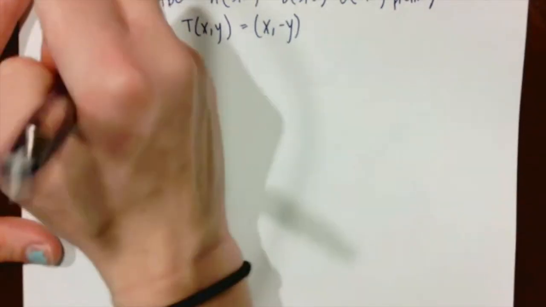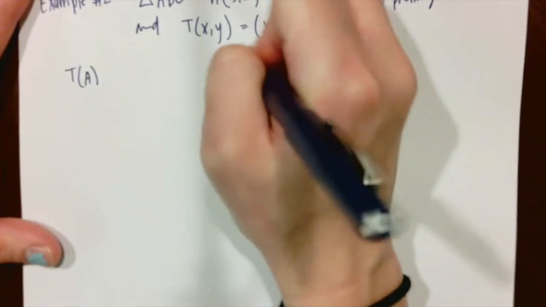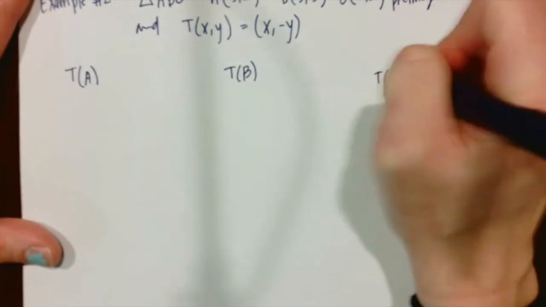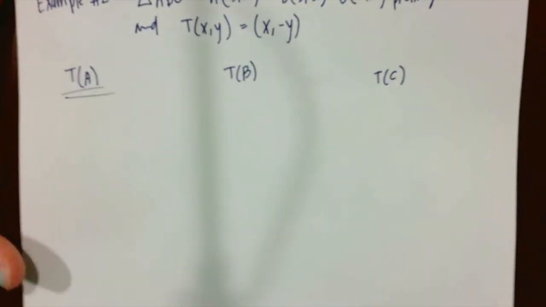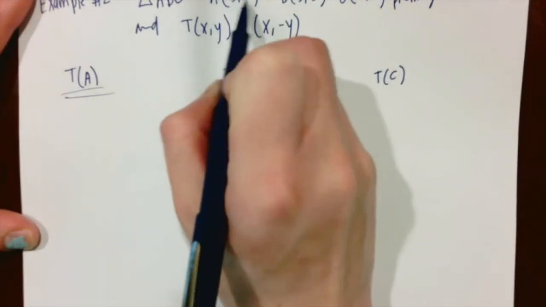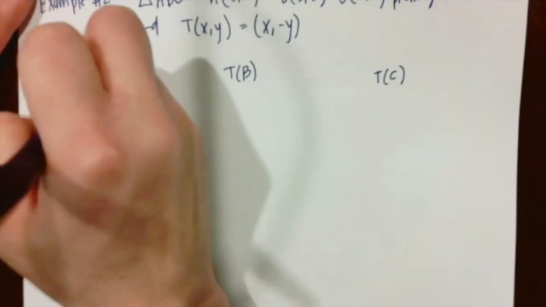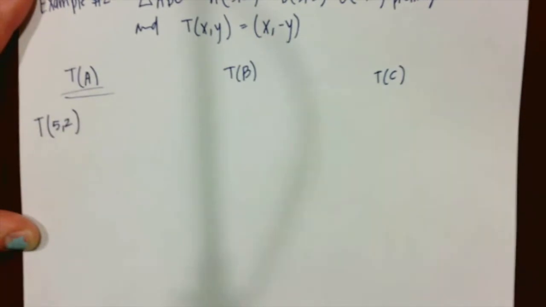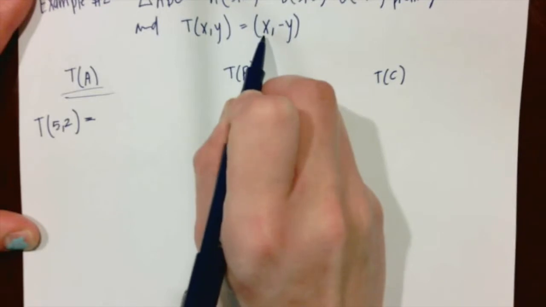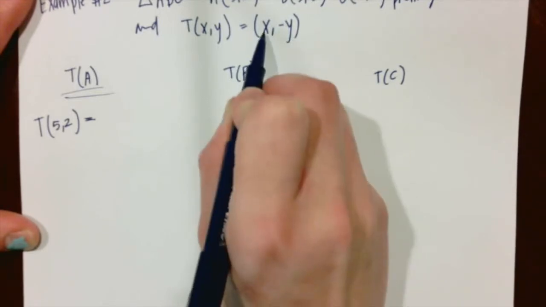So I'm going to do this 3 times. First, we're going to do a transformation on A, then on B, and then on C. So let's start out with the transformation on A. A was at the coordinate 5, 2, so I'm going to write transformation of 5, 2 equals x, negative y.